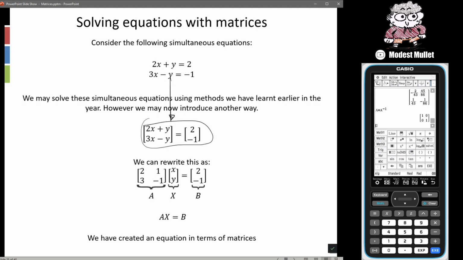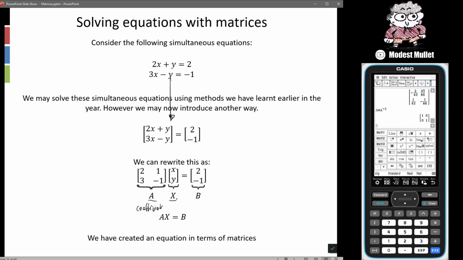So we can write in matrix form where the first row is the first equation and the second row is the second equation. And then, if the terms are in the correct order, you can actually break the x and the y out and just leave it as a first matrix, this matrix A, which is full of the coefficients.